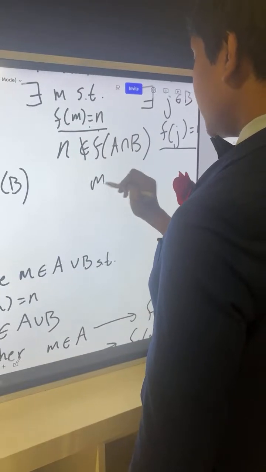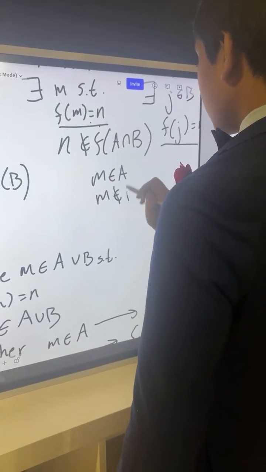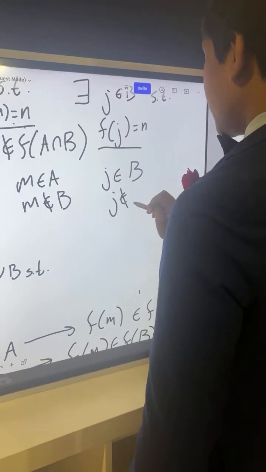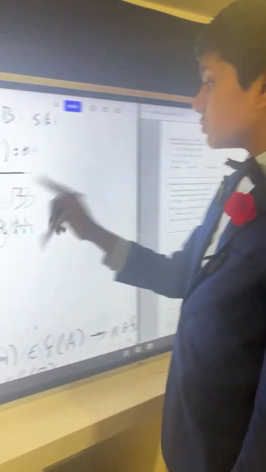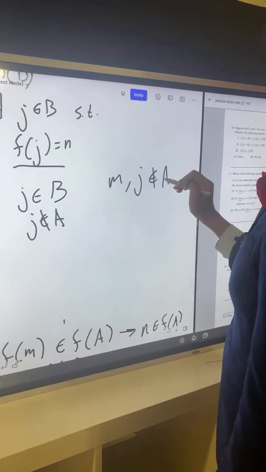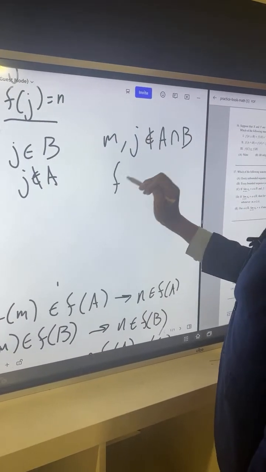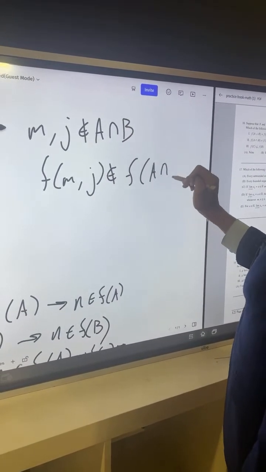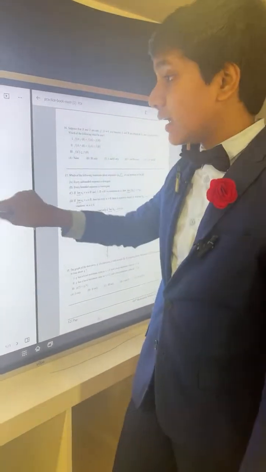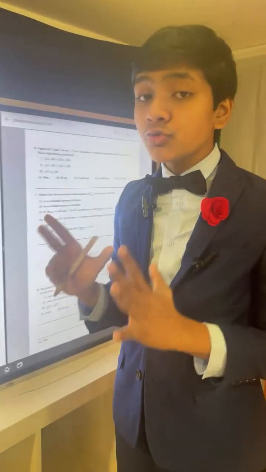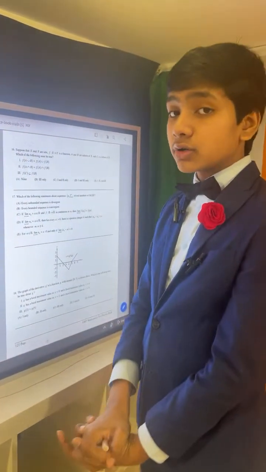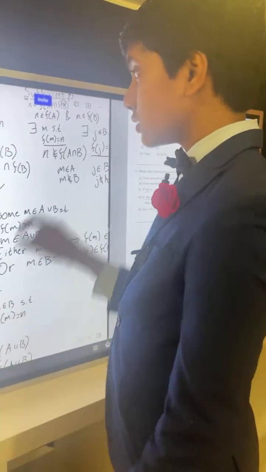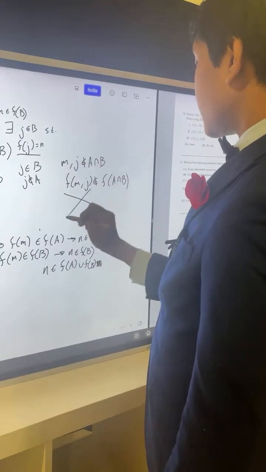Because m could be in a and m could decide to not be in b, and same thing with j. j could be in b and decide to not be in a, which means neither of them are in a intersect b, which means that n is not in f of a intersect b. There is a possibility that this is not true because we don't know this is a one-to-one correspondence, which means that 2 is false. Bam, there's the big plot twist.